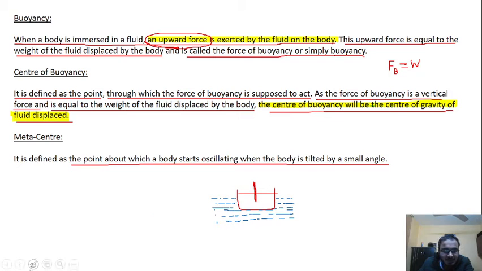So here, suppose we are giving a small tilt to this body in this way.